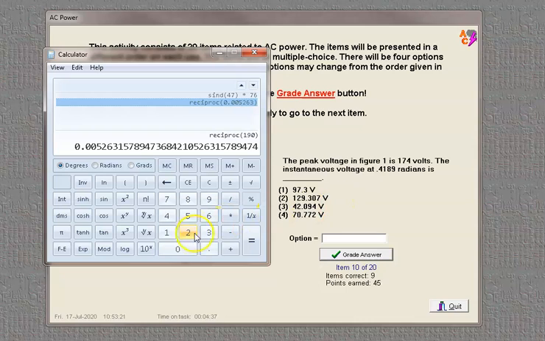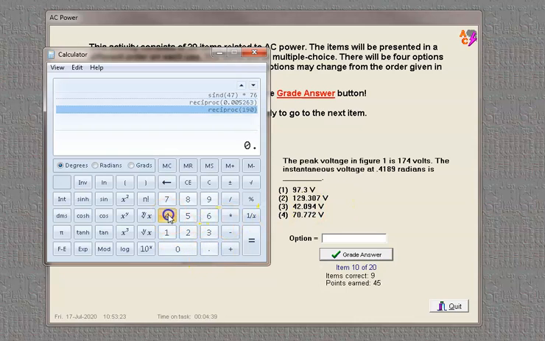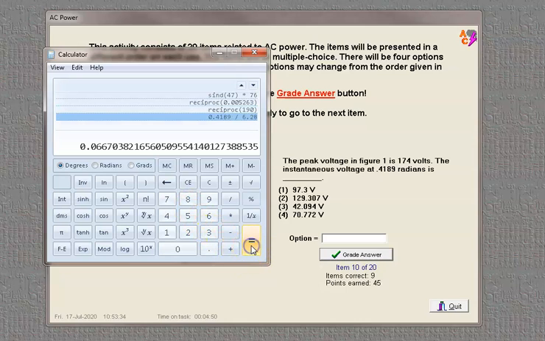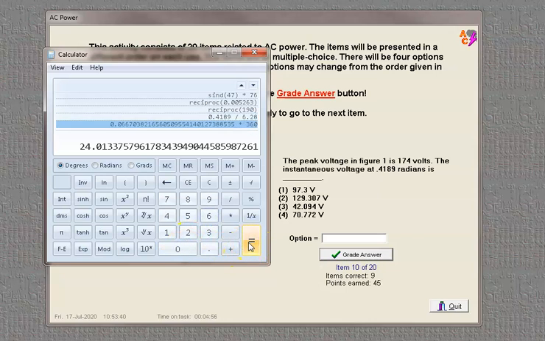So really, this is 0.4189 divided by 6.28, which gives us the portion of the circle, and then we're going to multiply that times 360 degrees to get our actual number of degrees, and we come up with 24 degrees.